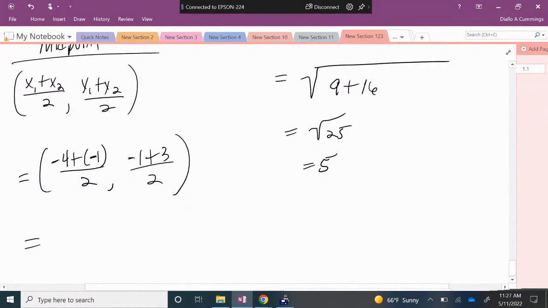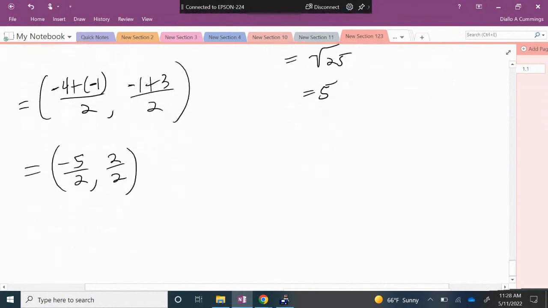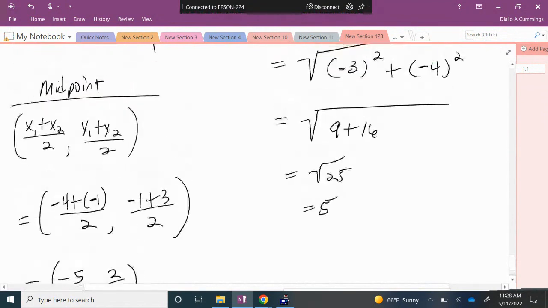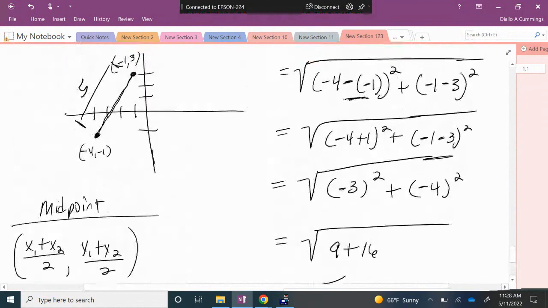If we simplify the numerators, -4 plus -1 is -5/2, comma, -1 plus 3 is 2/2. So we have (-5/2, 1). Now my graph is not drawn to scale, but that should give me the middle.